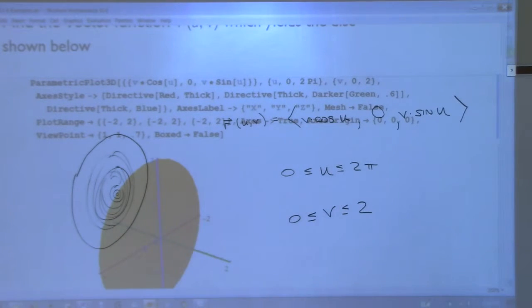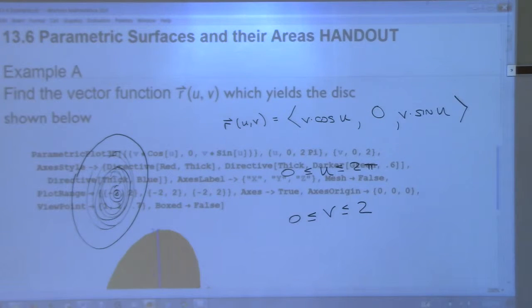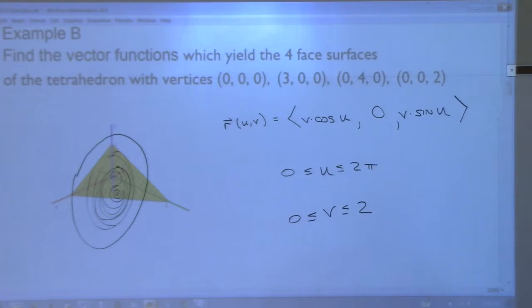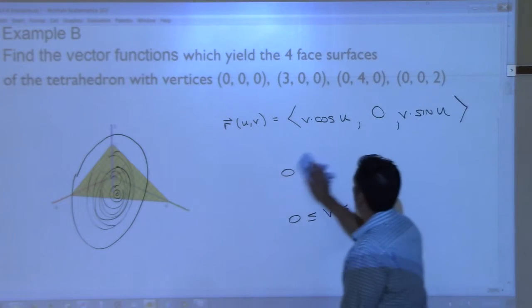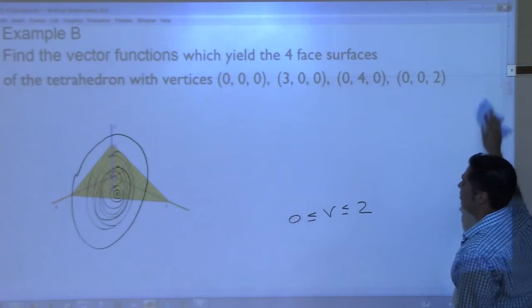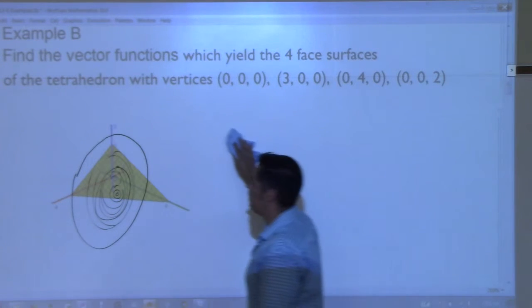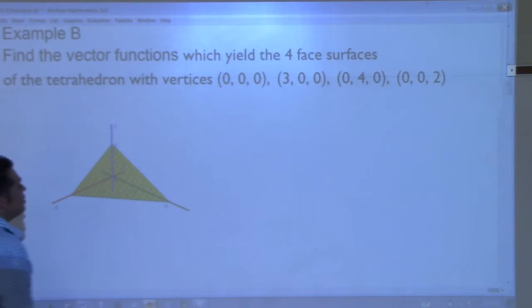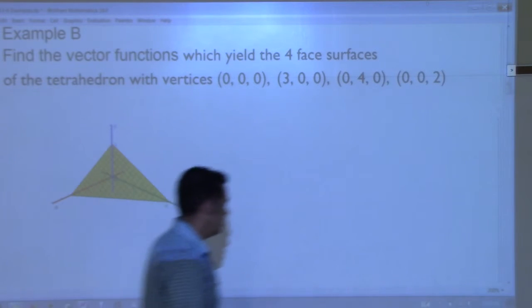All right, let's do example B. For example B, you have to find the vector functions, plural, which yield the four face surfaces of this tetrahedron.